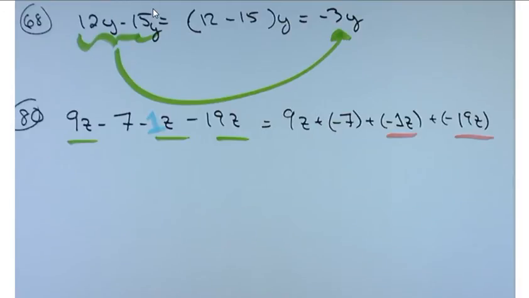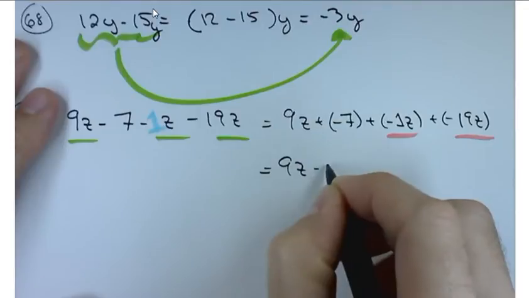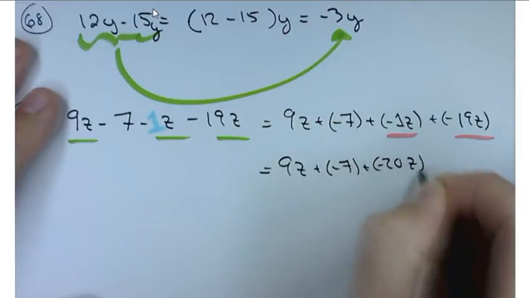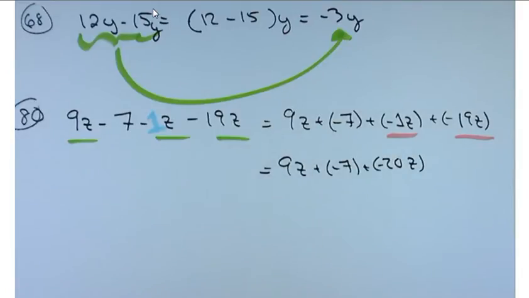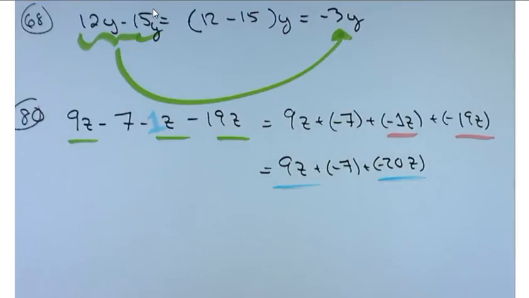Yeah, good. They both have the same sign. So add the numbers and keep the sign. Yeah, so 9z plus negative 7 plus negative 20z. I'm going to continue working with these terms because those are the like terms.